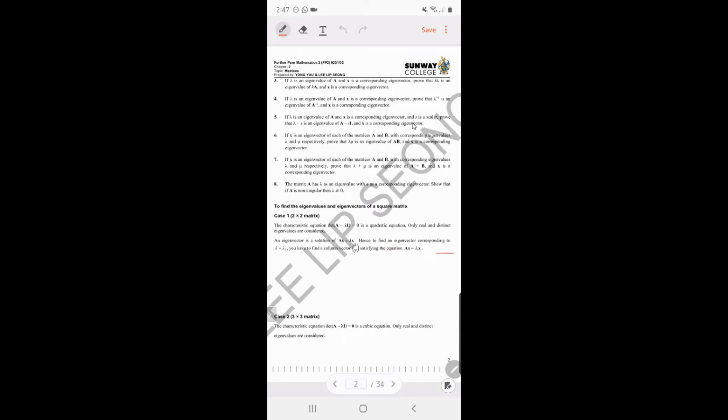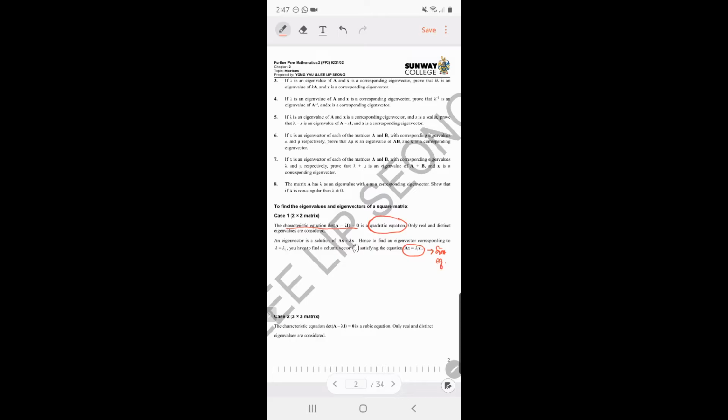Hence, to find an eigenvector corresponding to lambda equals lambda 1, you have to find a column vector (x, y) satisfying the equation Ax equals lambda 1 x. This is actually to solve simultaneous equations. I will show you later how we solve the equations. But first of all, you need to know how to find the quadratic equation, because the first thing you have to find is the characteristic equation, determinant of A minus lambda I equals to 0.